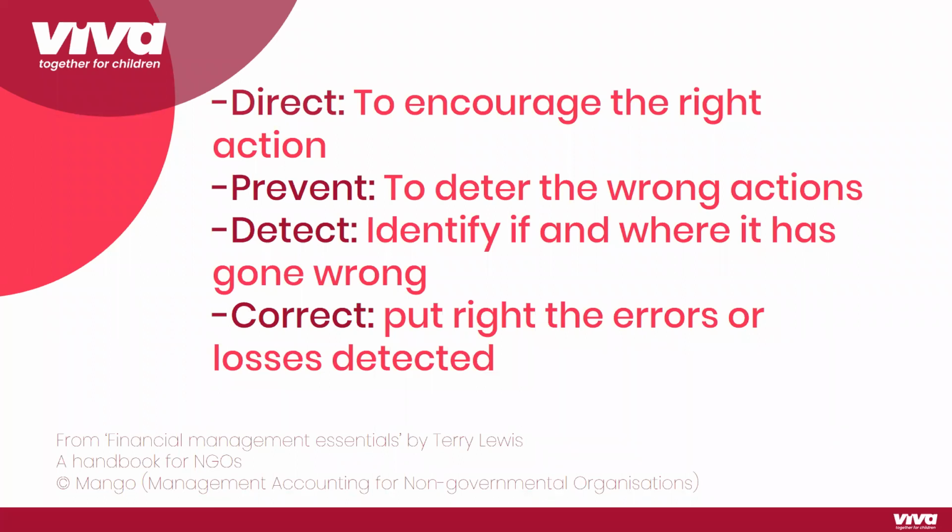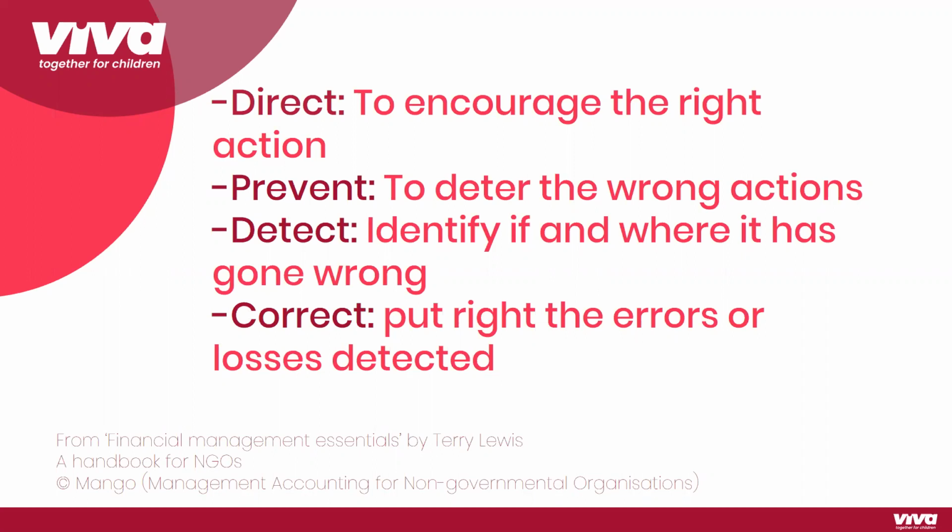So we continue in a loop, a sort of circle of those four actions, because by correcting the errors, you might need to add to your directions to make sure that the process is continuing.